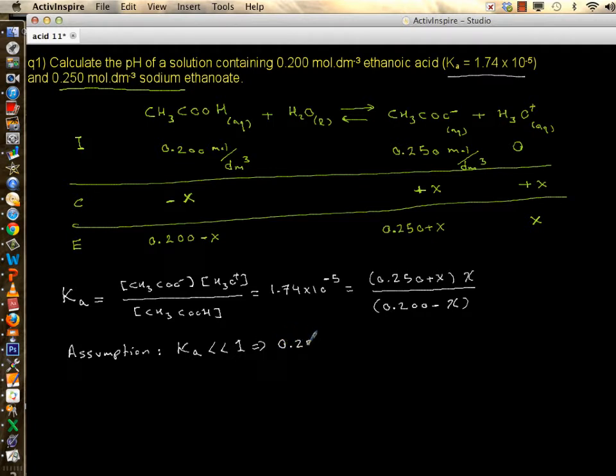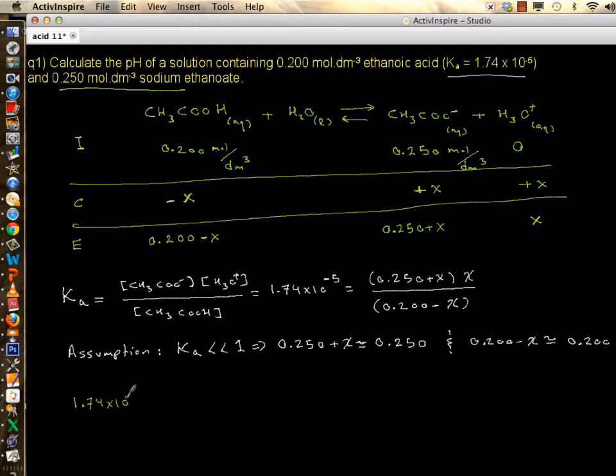So 0.250 for the numerator plus X is nothing but 0.250. And for the denominator, 0.200 take away X is approximately equal to 0.200. The only X that doesn't go is the X that is being multiplied. You need that.